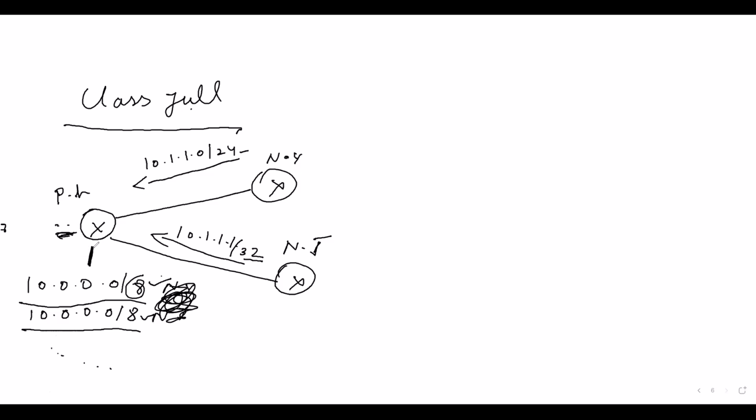So your router cannot make the right decision. I want to send a password, this is my urgent or important data, and I want to send it to New York, but my router doesn't know where to send it. It sends it to New Jersey.